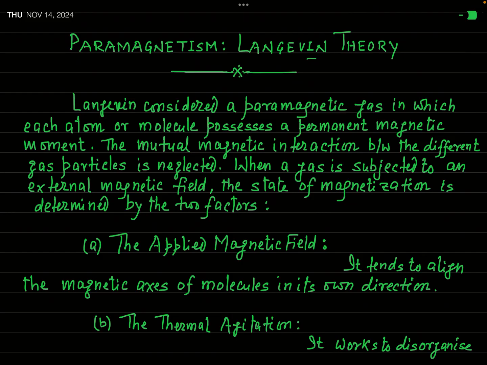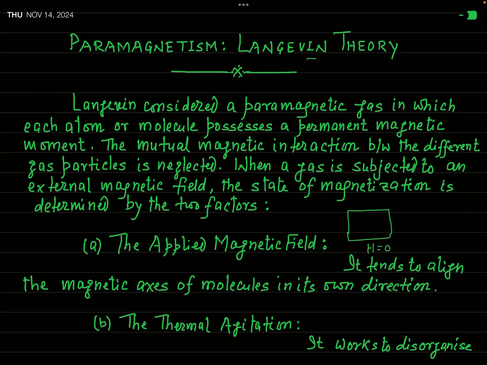But whenever you take a specimen of the paramagnetic substance, the net magnetization is zero. Why? Because the atomic or molecular magnetic dipoles of a paramagnet are randomly distributed in absence of any external magnetic field.